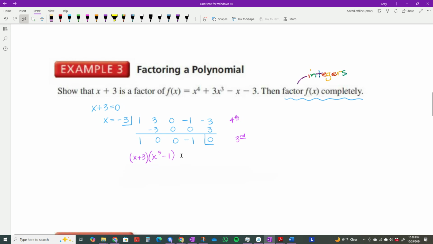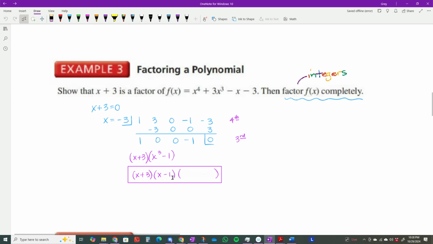That is the difference of 2 cubes. So how am I going to factor it? I got to carry down my x plus 3. And how do I factor that cube? I take the cube root of x cubed. That's x. I keep the sign the same, minus cube root of 1 is 1.